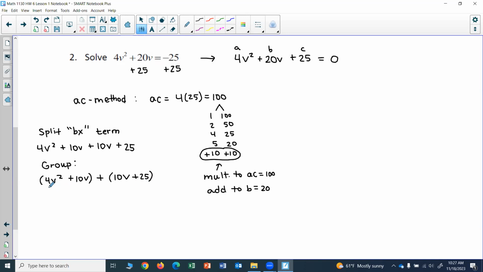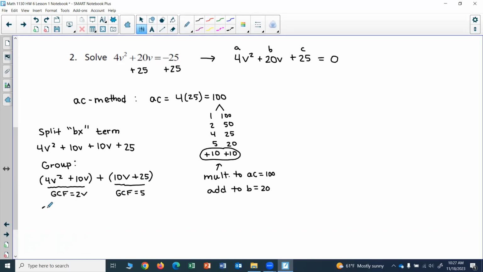Okay, so now I look for the GCF here. So in this first group, my greatest common factor is 2v. So what number goes into both of those terms? And in my second group, my GCF is 5. 5 goes into both 10 and into 25.